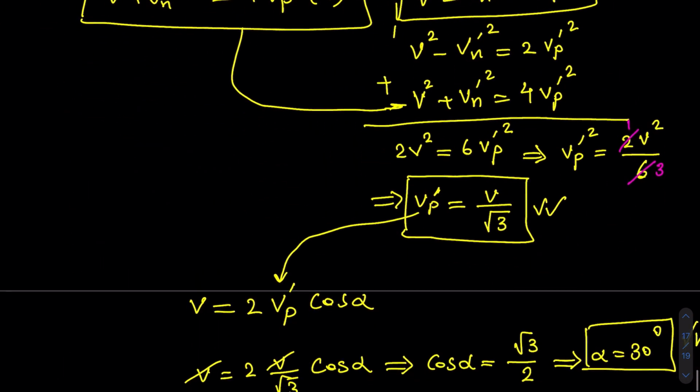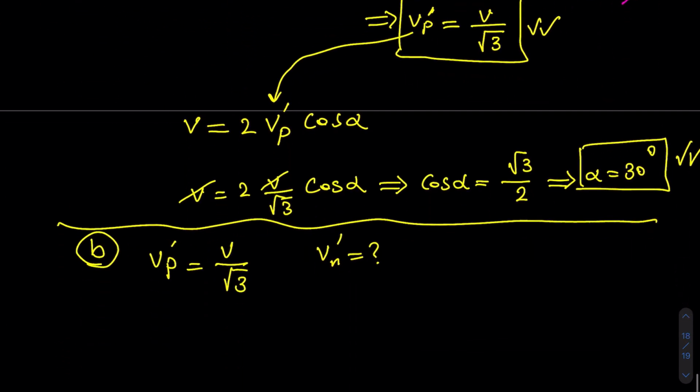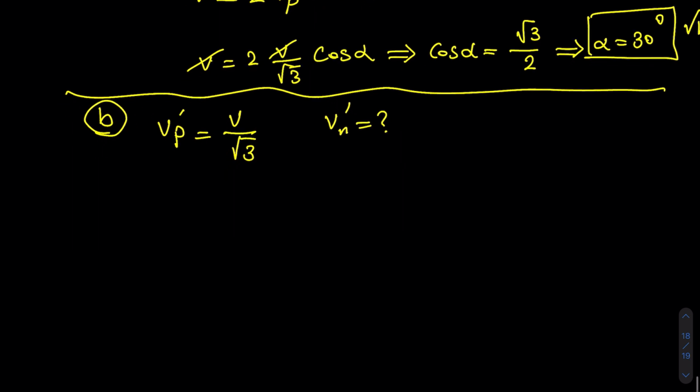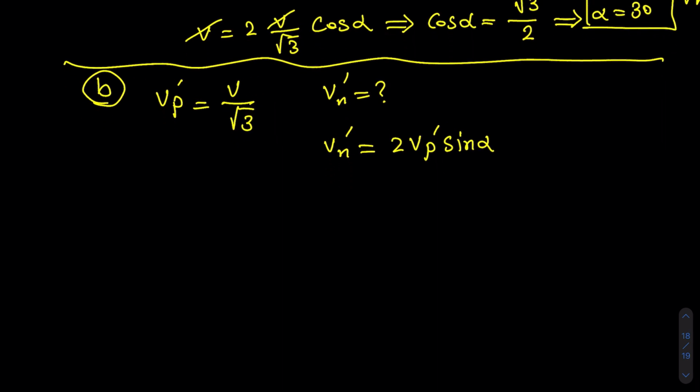So I will write it here: the velocity of nucleus after collision is equal to 2 times velocity of particle times sine alpha. Okay, so now here again I will substitute Vp prime by the value that we have got.